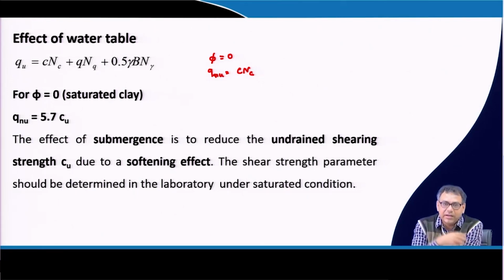That is why it is always better to determine the strength parameters in the lab under saturated condition, because that will give us the worst condition. So we will get a cohesion value suited to the field soil being under submerged condition. That way it affects the bearing capacity through the cohesion value.